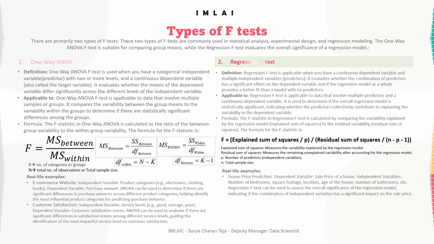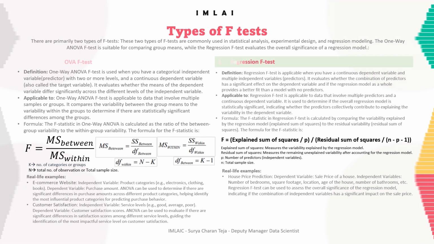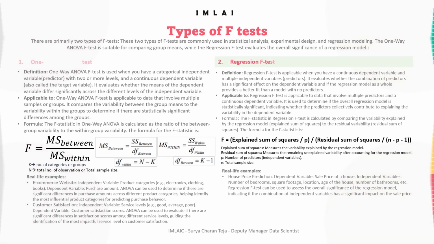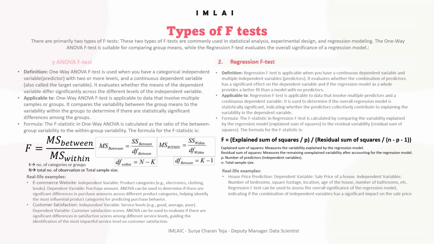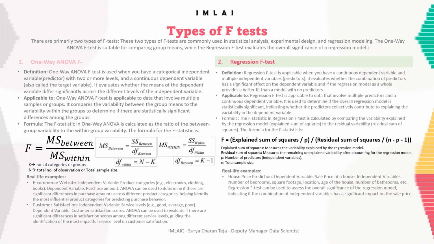By applying a regression F test, you can evaluate if the regression model with multiple predictors is a significant improvement over a model with no predictors, indicating the collective significance of the independent variables in predicting customer churn.